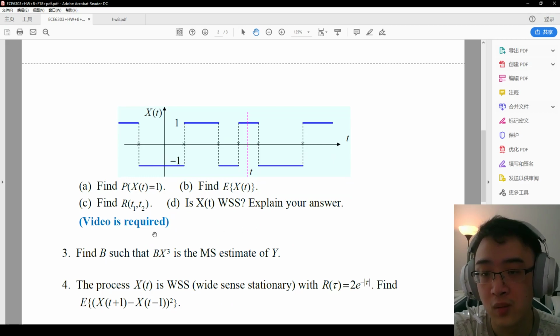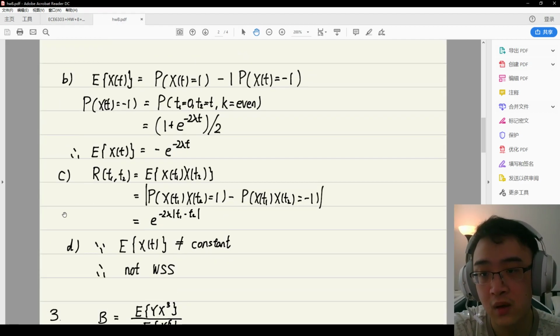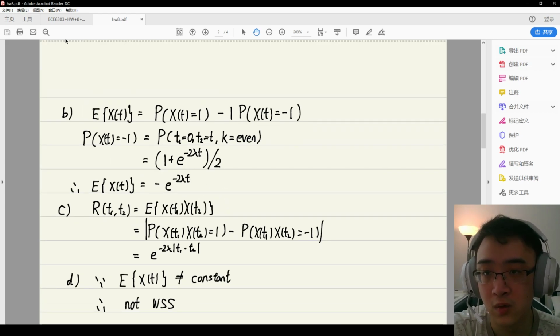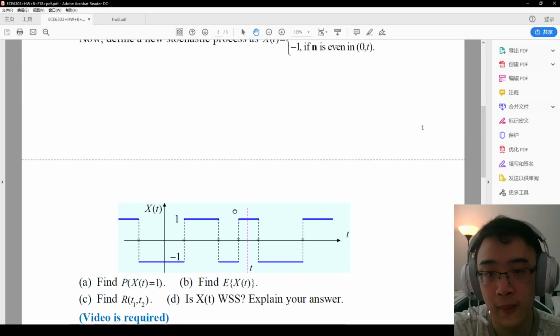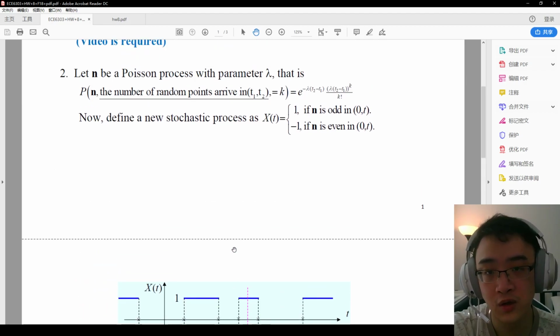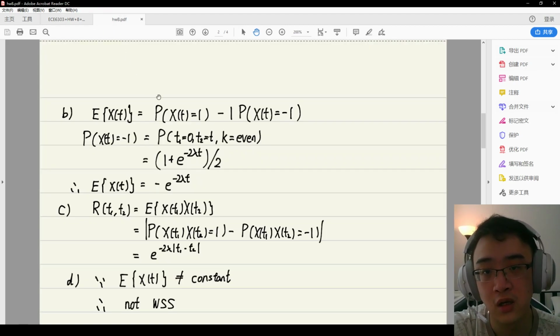And problem C is to find R(t1, t2). So R(t1, t2) is equal to the expected value of X(t1) X(t2). And because t1 and t2 can be in two situations, one is t1 is bigger than t2, and the other one is t2 is bigger than t1.